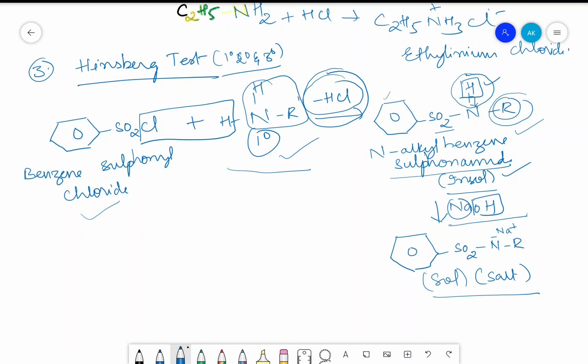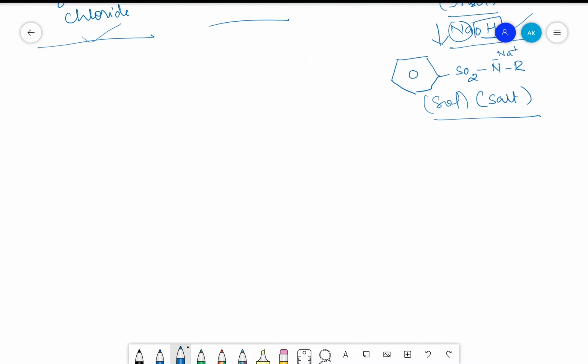So this is the major thing which is going to happen. First, we need to remember, in Hinsberg test, we are going to use benzene sulfonyl chloride. Primary amine gives N-alkyl benzene sulfonamide, which is insoluble. Later it is made alkaline or basic with the help of NaOH to give a soluble salt. This is for primary amine.